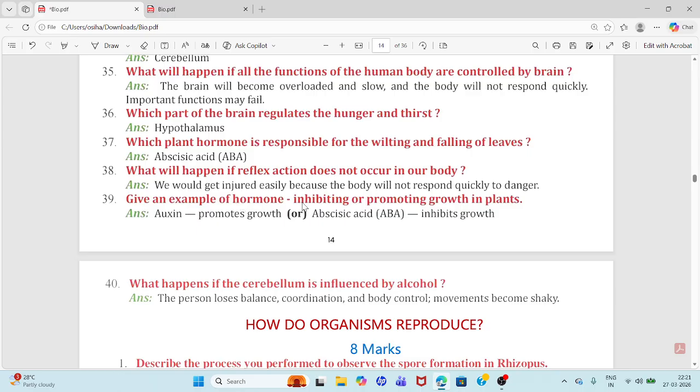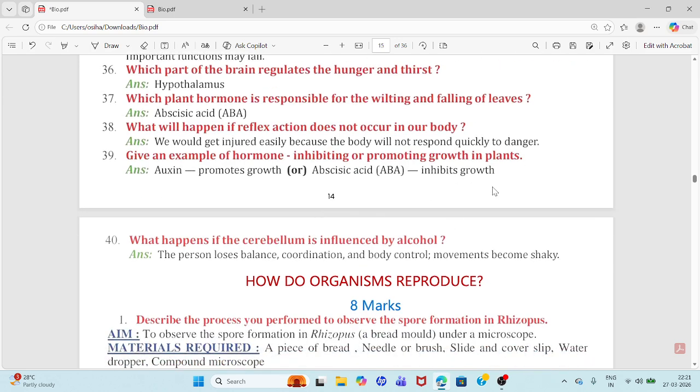Give an example of a hormone inhibiting or promoting growth in plants. Answer is auxin promotes growth, or abscisic acid ABA inhibits growth. What happens if the cerebellum is influenced by alcohol? Answer. The person loses balance, coordination, and body control. Movements become shaky. Okay.